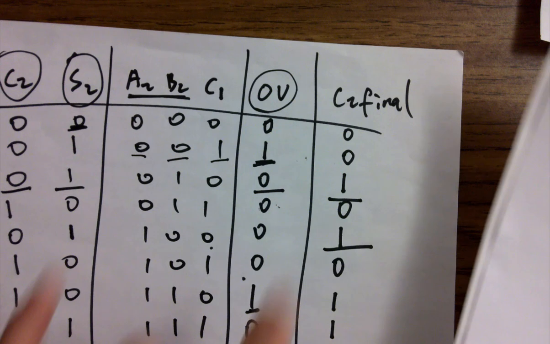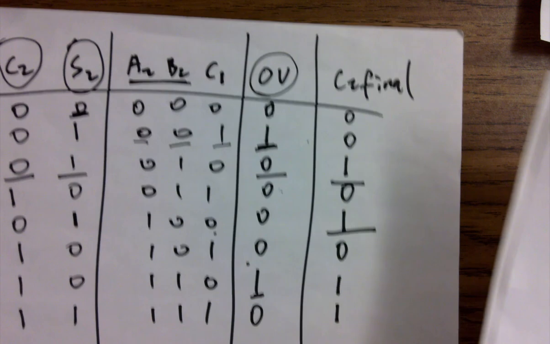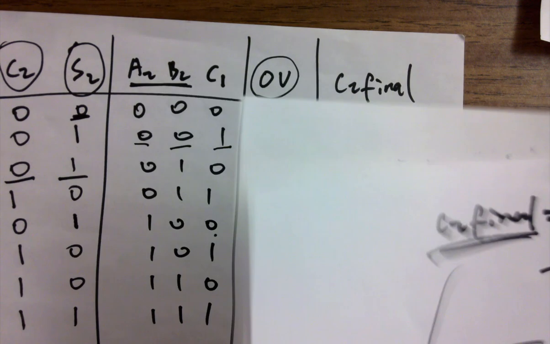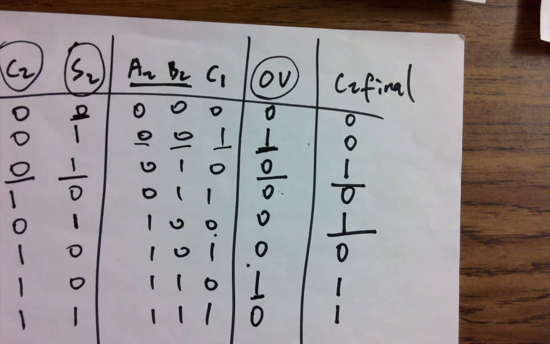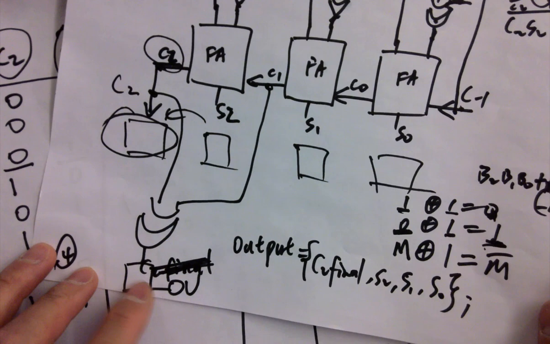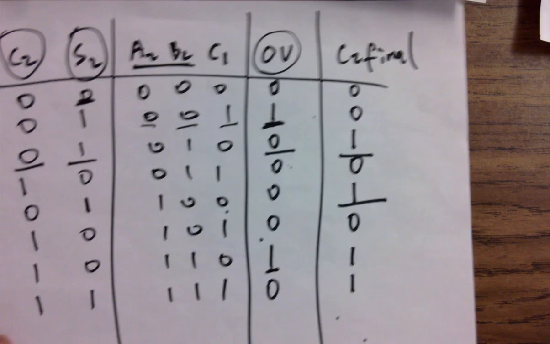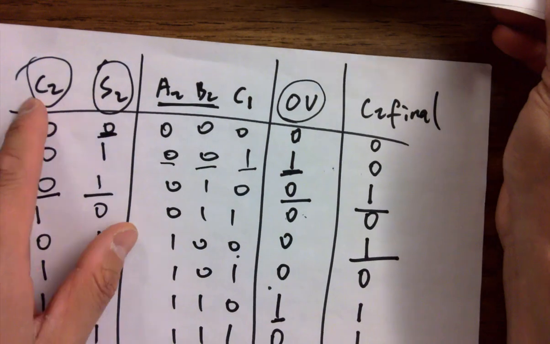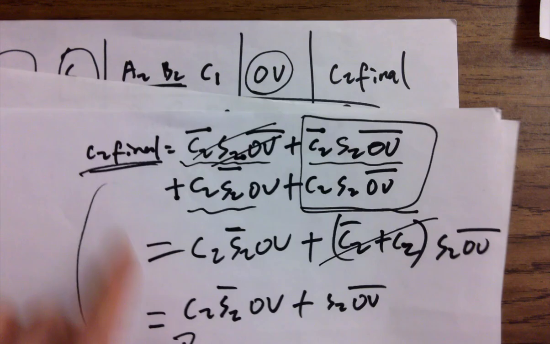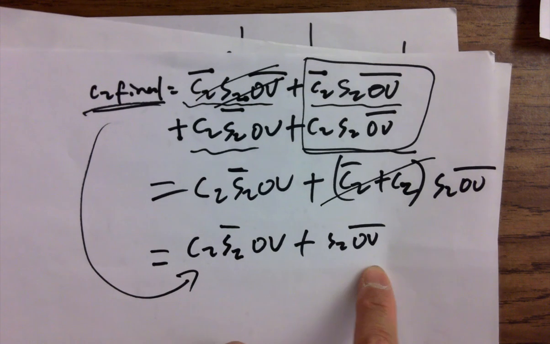And you need an overflow indicator to find out if it's overflow or not, which is C1 XOR C2. To get the overflow indicator, and then use the overflow indicator combined with the C2 and S2 to find C2 final. Eventually you get a logic expression over here.